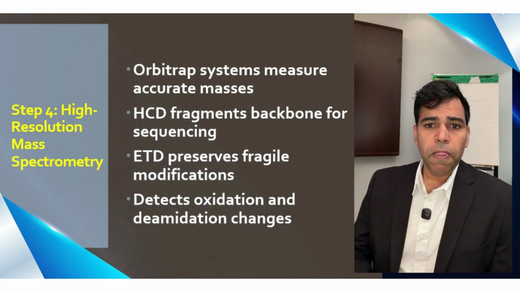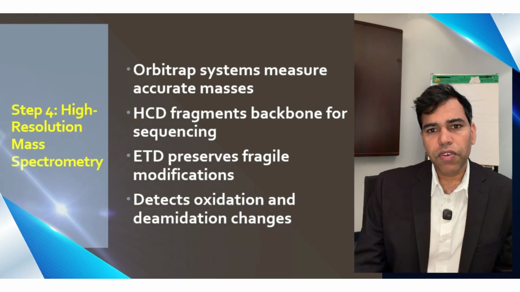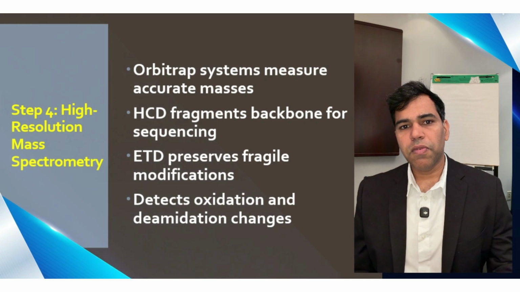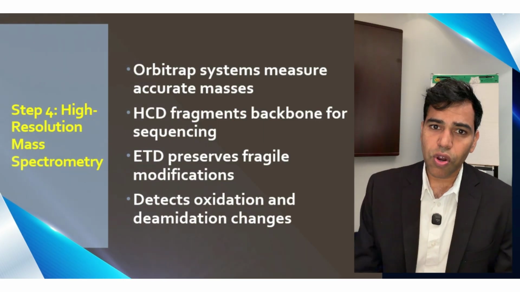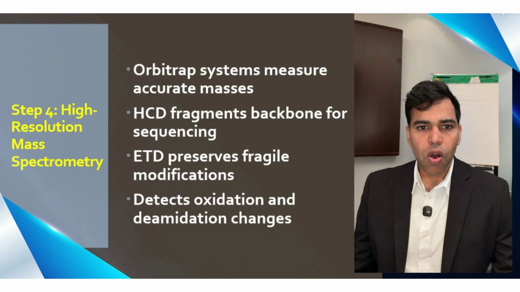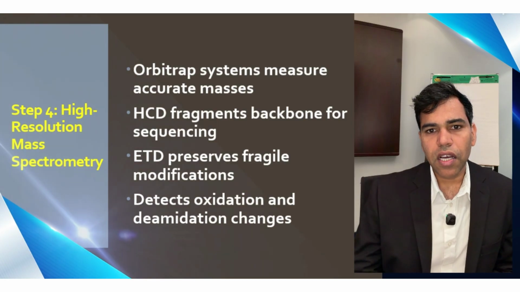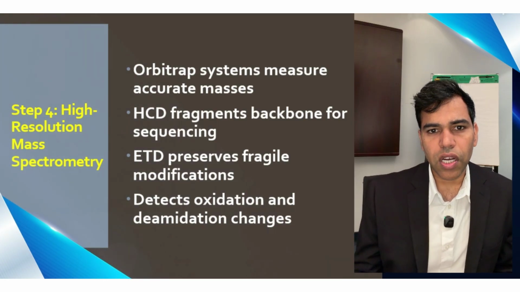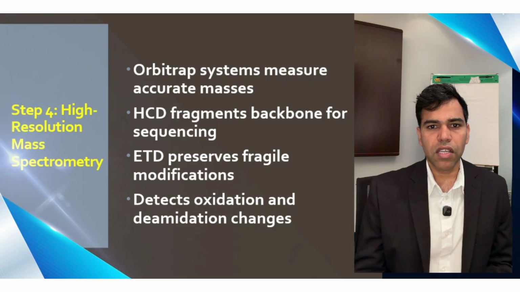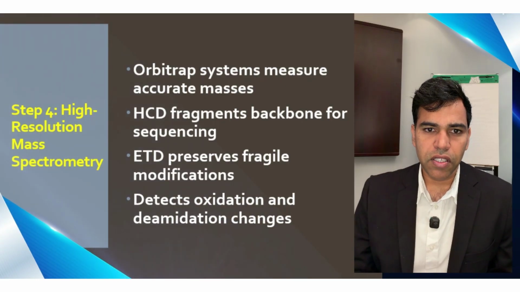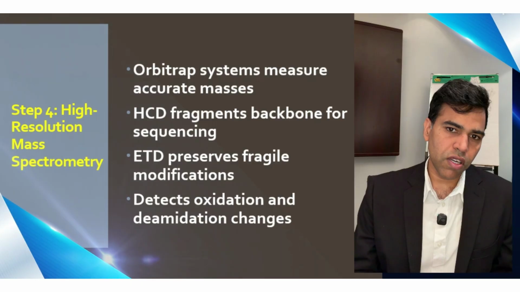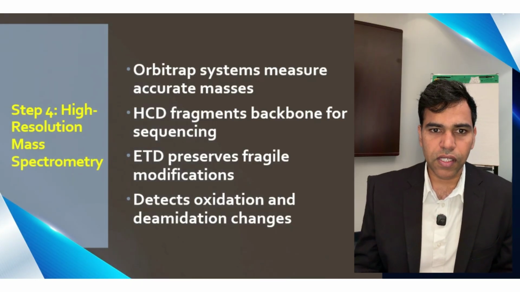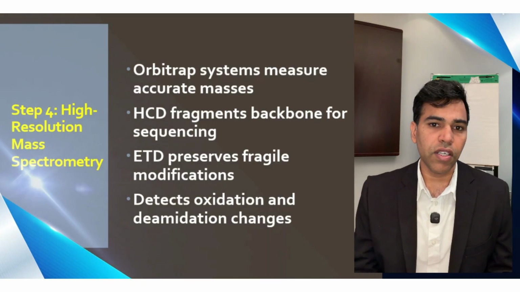ETD becomes essential when you are working with fragments carrying labile modifications that HCD would destroy before detection. Oxidation and deamidation are the modifications most likely to appear in stressed or aged samples, and high resolution MS is the only way to quantify them with the specificity that regulators expect.